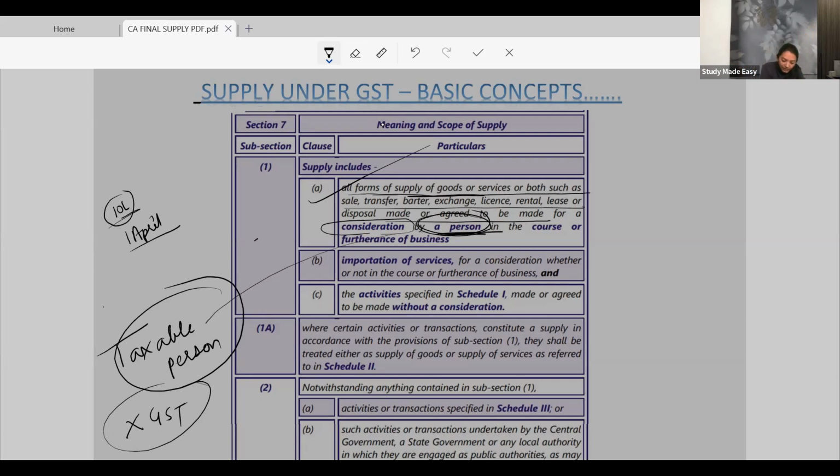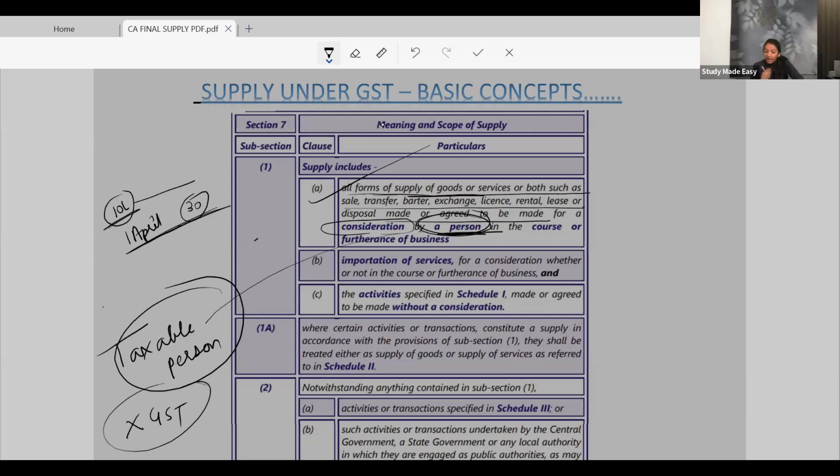Now, after crossing 10 lakh, I have 30 days to get myself registered. In how many days do we have to apply for registration? In 30 days, I have to apply for registration. So that means from 1st April till 30th April, I am liable to get registered.